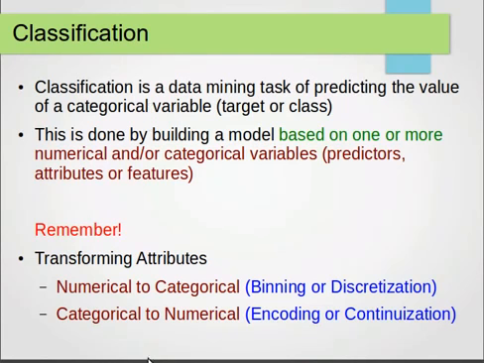So our variables can be numerical or categorical, and we can use one or more of them, or maybe none of them, as you will see, to build that model. These variables, or descriptors, are sometimes known as predictors, attributes or features. They all mean the same thing.